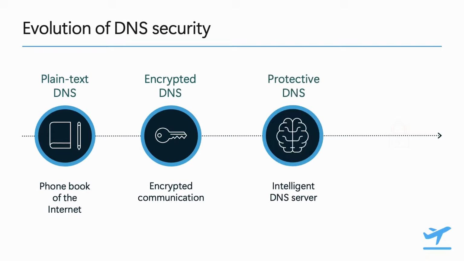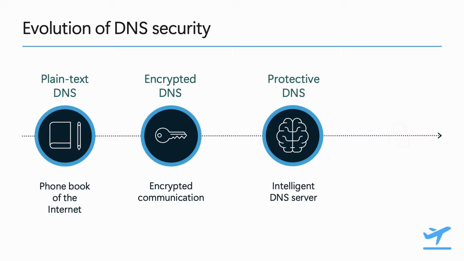So, protective DNS was standardized in the 2017 to 2021 timeframe with the idea of treating DNS as the security control plane. Protective DNS applies active inspection and policy to every DNS resolution using threat intelligence and analytics to block malicious or risky domains in real time.